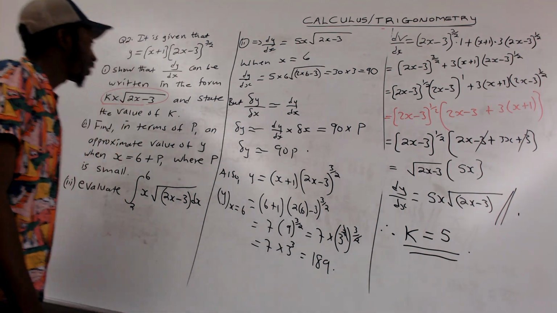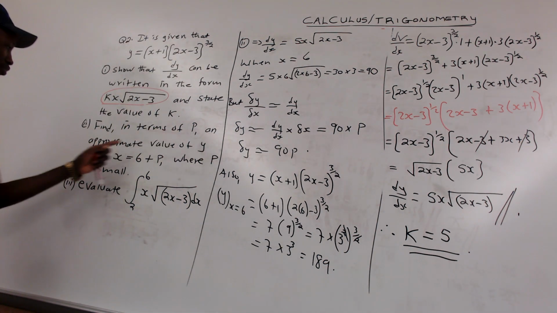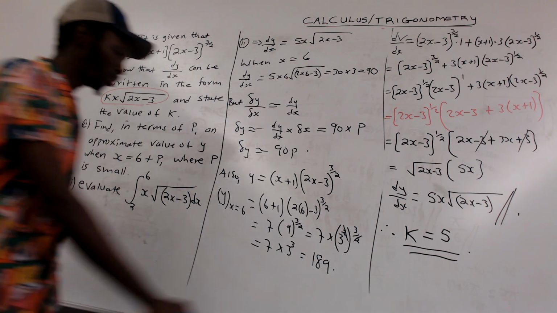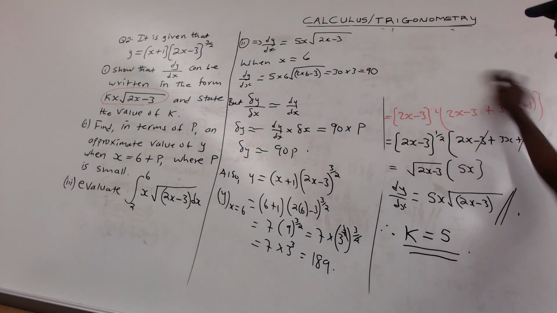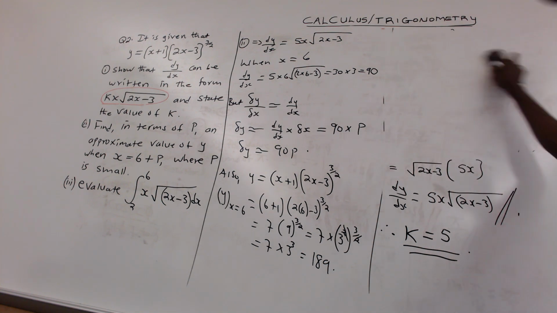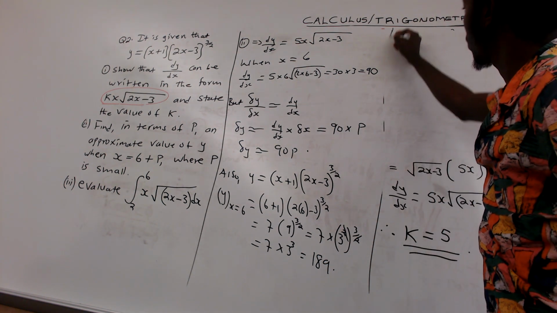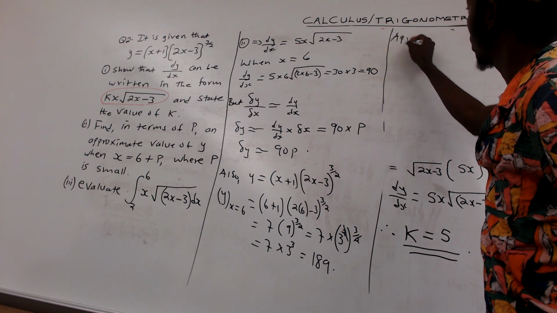So this is what we have. But now the question says find, in terms of p, an approximate value of y. So we are finding the approximate value of y for this particular problem.